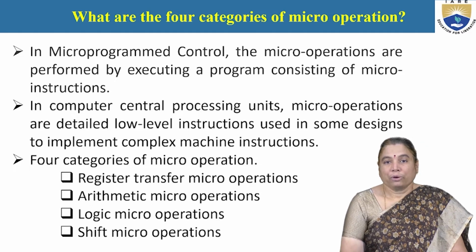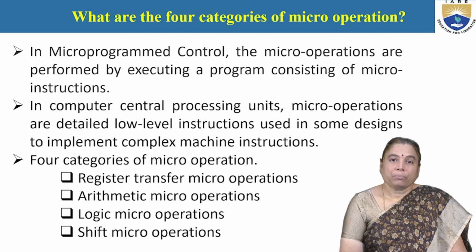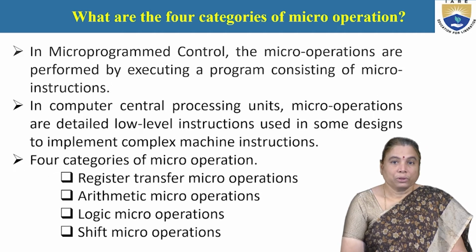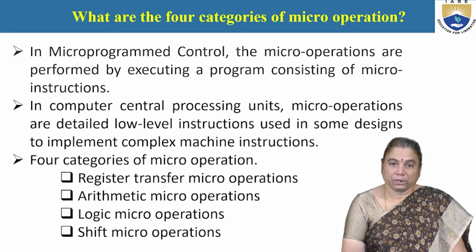So, in the control memory, the microprograms can be stored. A microprogram is a collection of micro instructions. The micro instructions consist of micro operations. What operations are to be performed on the specified operand is described by the micro operation.